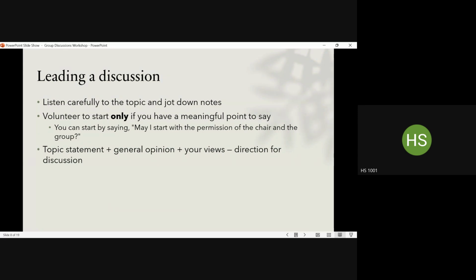Once again, this is not the law. This is just an approach, a formula, maybe, a strategy which you can use. Let's say your views are not different from the general opinion. In that case, just omit this third section. It does not need to be there.